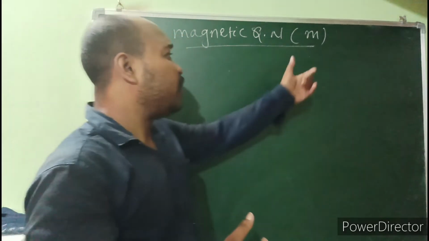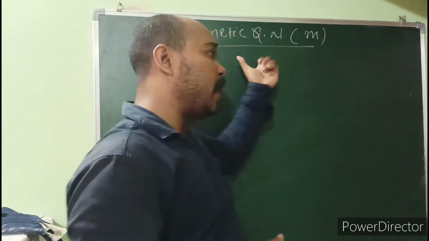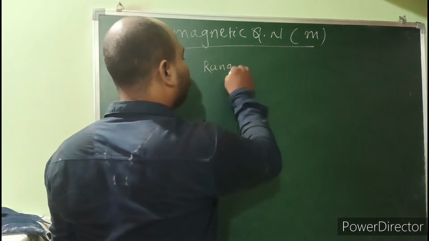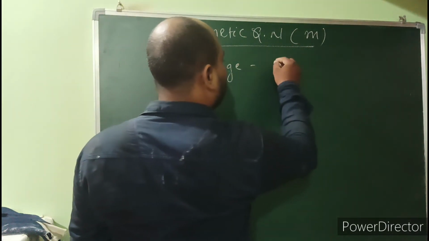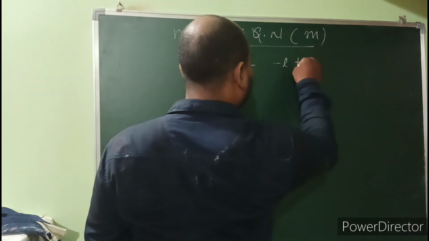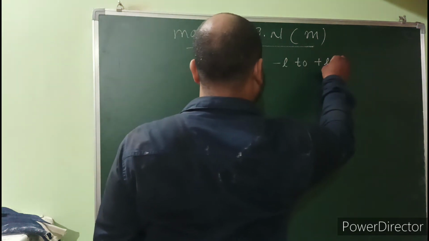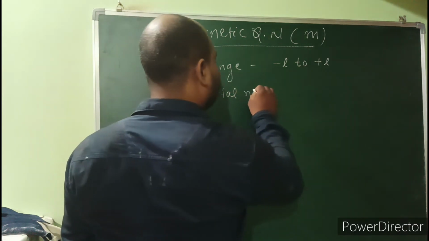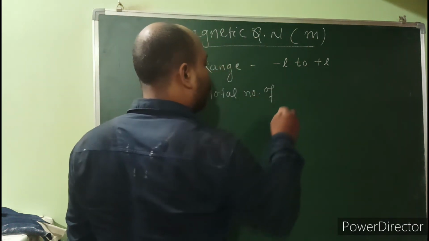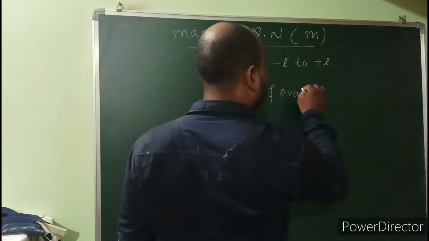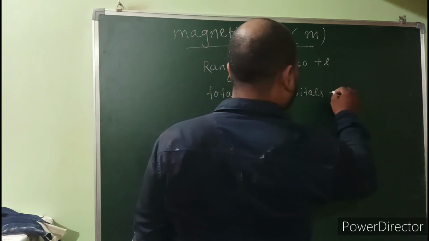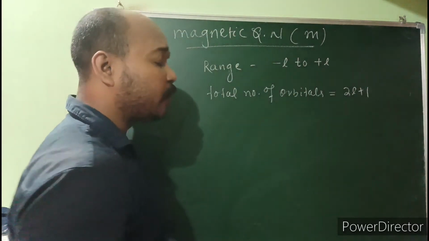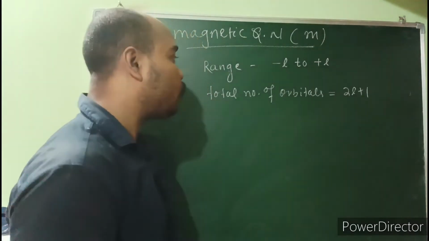It is represented by the symbol m, and the range of the magnetic quantum number is minus l to plus l. So we can say that the total number of orbitals equals 2l plus 1. Now we will determine how it is calculated.